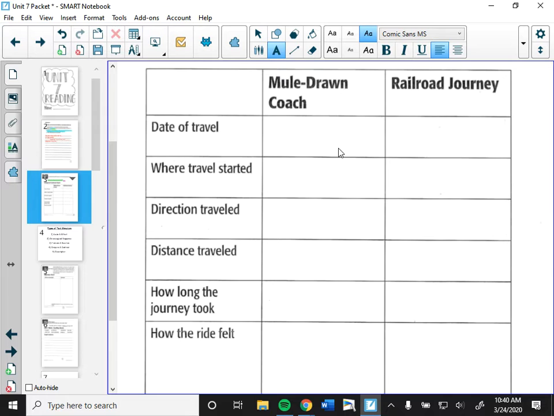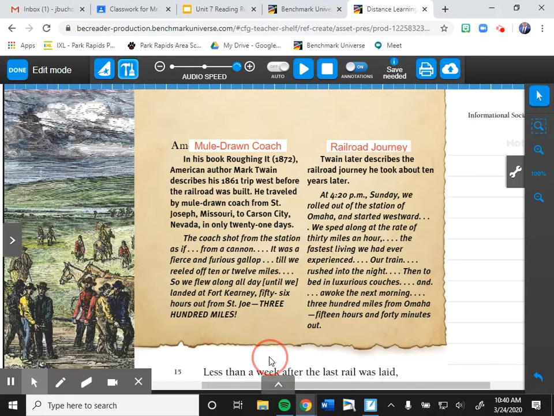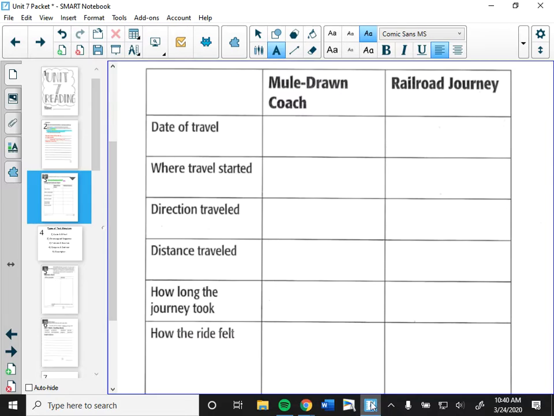For date of travel, let's do the mule-drawn coach. It describes his 1861 trip west, so that is his date of travel. I'm going to write 1861 in the box.